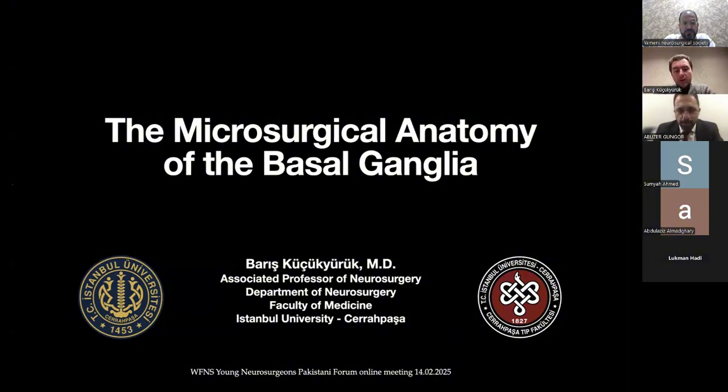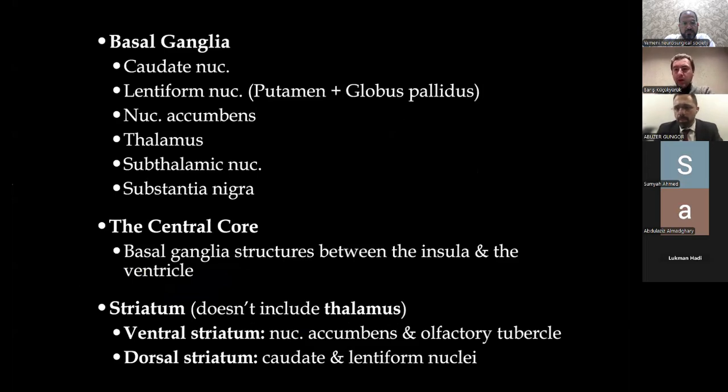So I will be talking about the microsurgical anatomy of the basal ganglia, but before we start, we should speak on the terms about this topic, because when you're reading articles or hearing a presentation like this, you will hear a couple of terms like basal ganglia, central core, or even the striatum. Basically, they all involve the same thing, but from a functional point of view and an anatomical point of view, they are very different.